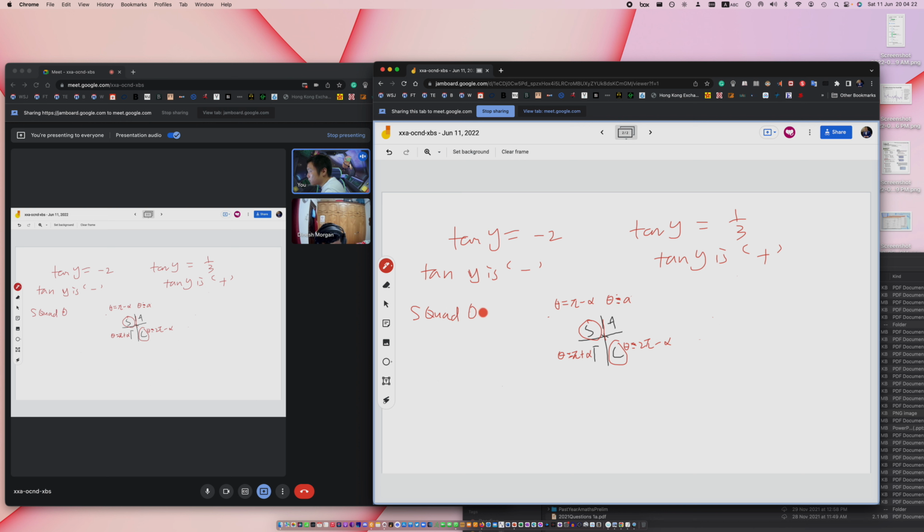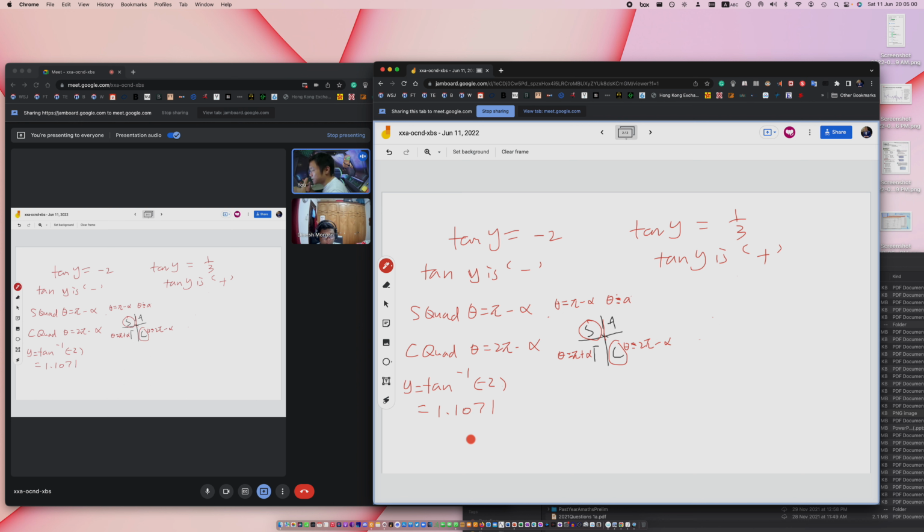So I write down the formula: theta equals pi minus alpha, and for the C quadrant theta equals 2 pi minus alpha. Just now you got theta equals 1.1071 from y equals tangent inverse of negative 2. Let's not be too particular about the decimal places first.